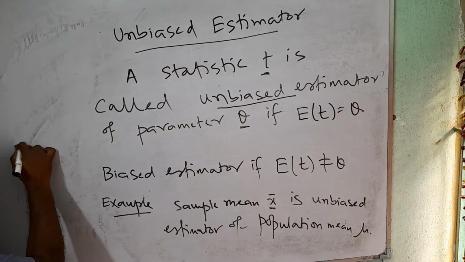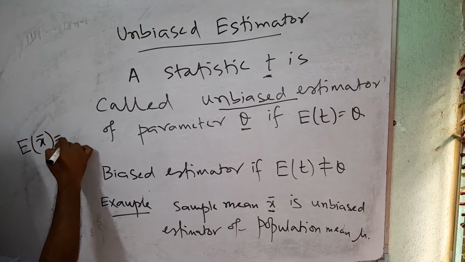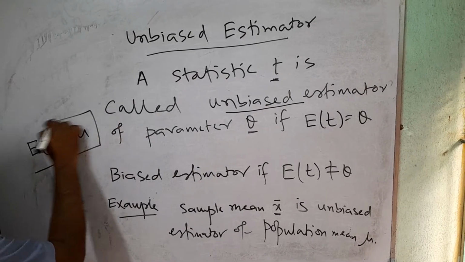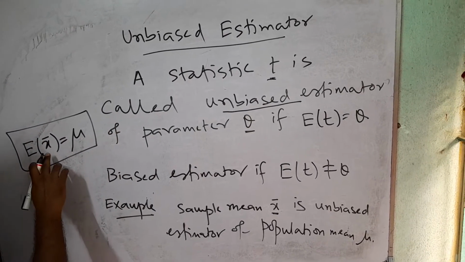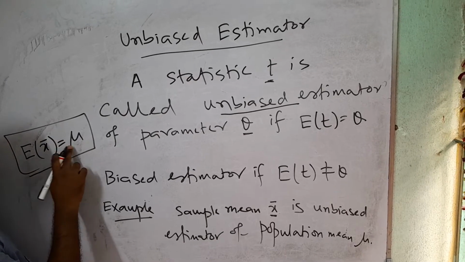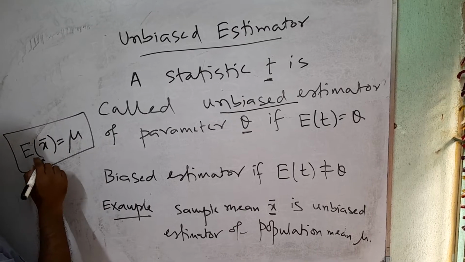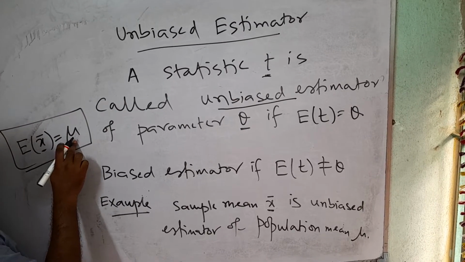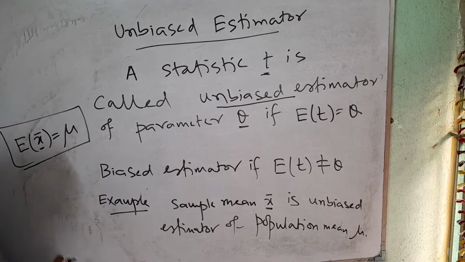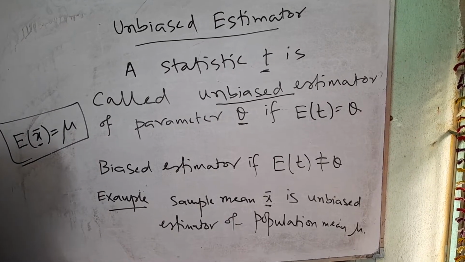That is, E of x bar equals mu. E of x bar is the sample mean and equals the population mean. So x bar is an unbiased estimator of the population mean.